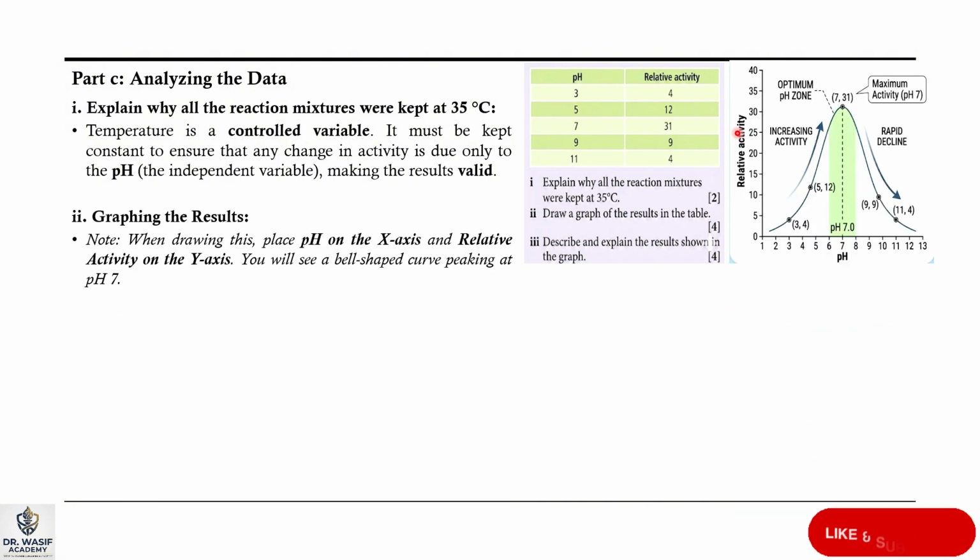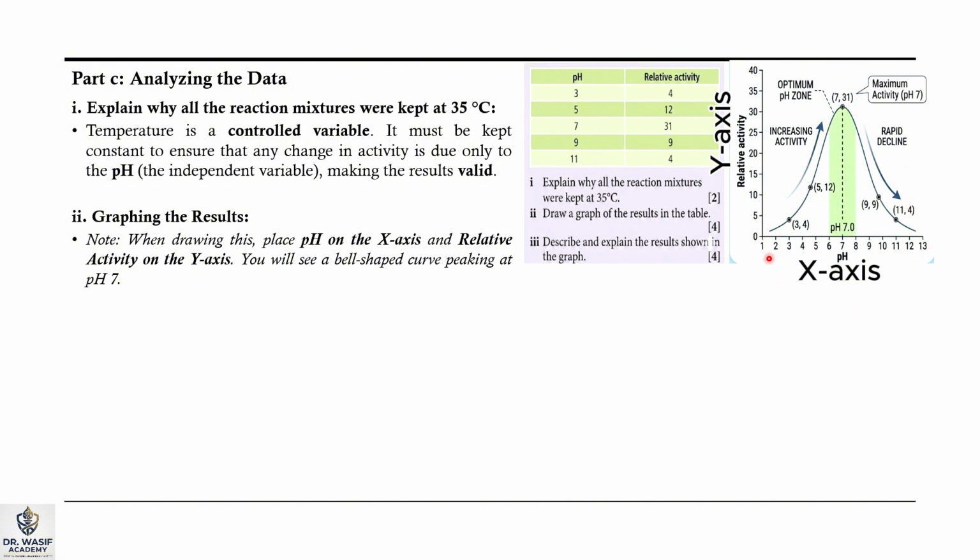The second question is draw a graph of the results in the table. When drawing this graph, place pH on the x-axis, like this one. This is the x-axis. Place pH on the x-axis and relative activity on the y-axis. Then a bell-shaped curve is formed.